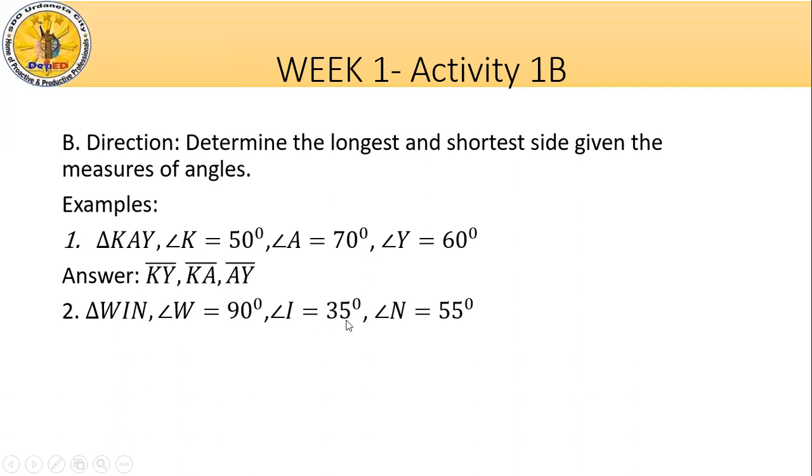Since angle I is the smallest angle, the side opposite is WN. So the answer is longest IN, shortest WN. Okay? I have only arranged it this way, but no need to include the second one because it is only the longest and shortest side that you will answer.